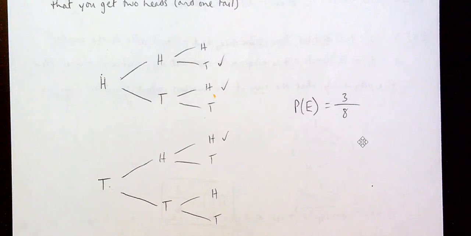Nothing super complicated happening here. We're just combining the basic formula for theoretical probability as well as tree diagrams, which we know how to work with.